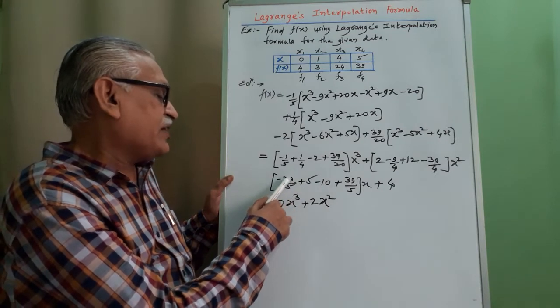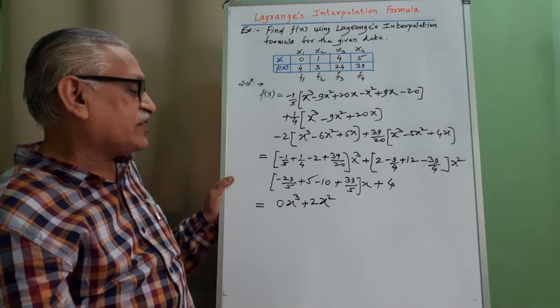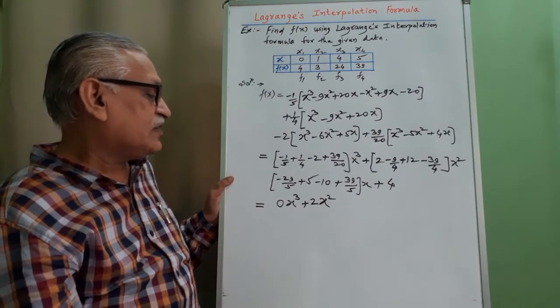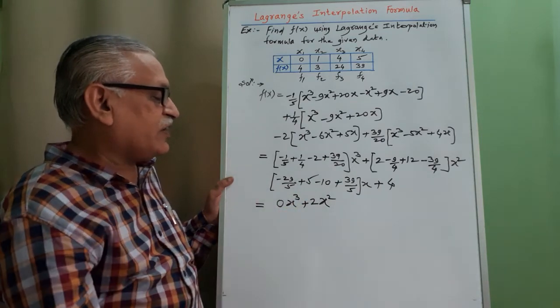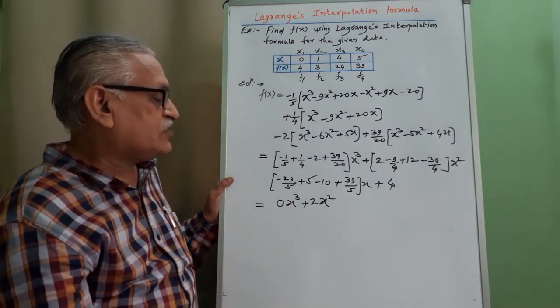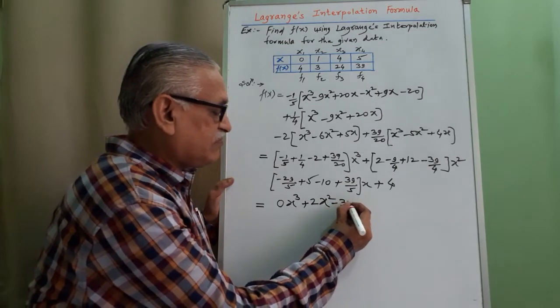Then minus 29 by 5 plus 39 by 5, that sum is 10 by 5 means 2, and minus 5, 2 minus 5 we get minus 3, and plus 4.